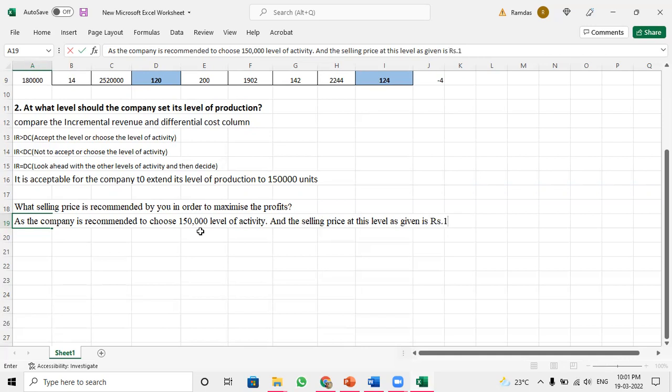Sorry, is rupees 16. It is recommended to sell at rupees 16 per unit.